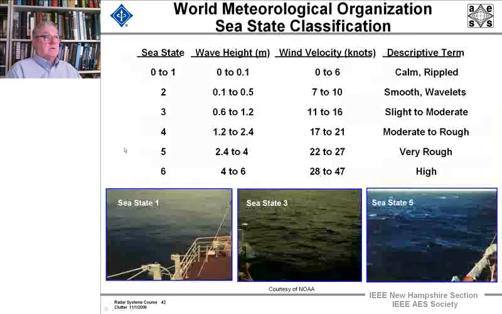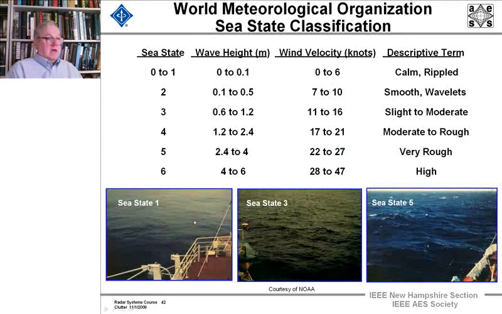And I thought, just to give you an idea, here are some pictures, courtesy of NOAA, taken from a ship. You can see a picture of Sea State 1, where the wave height is 0 to 1/10 of a meter, 0 to 6 knots, calm, slightly rippled.